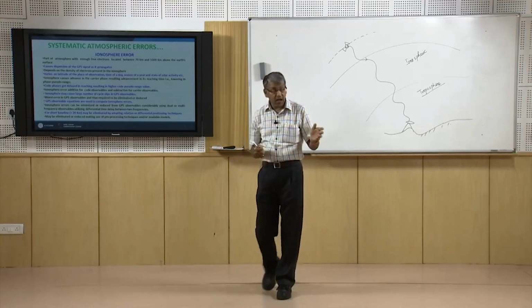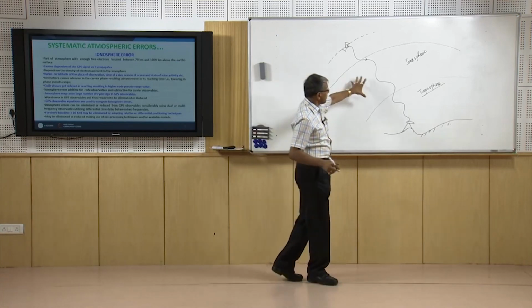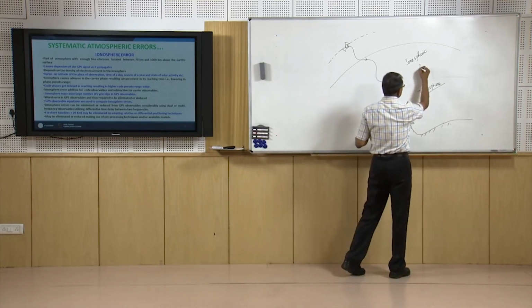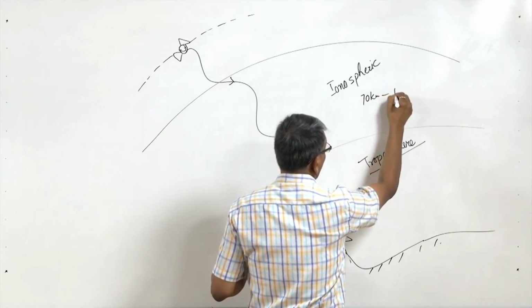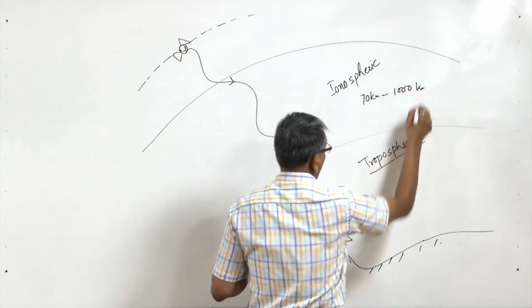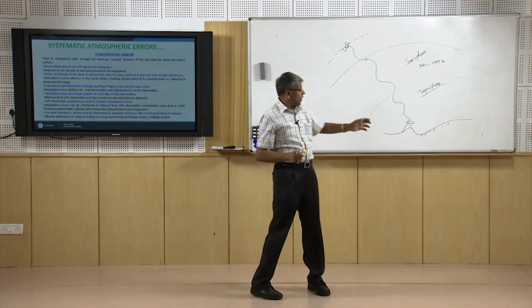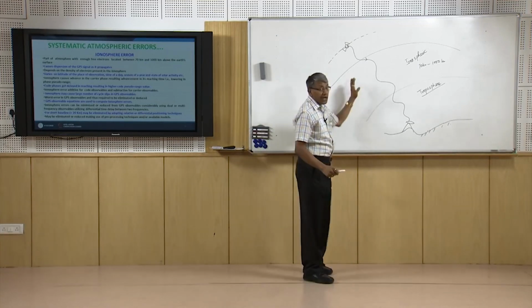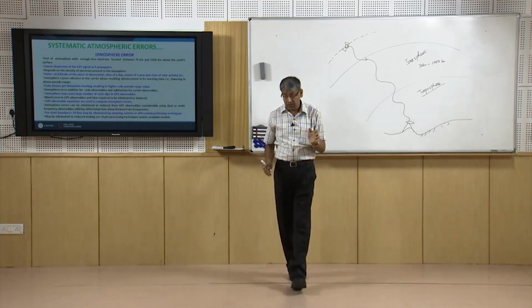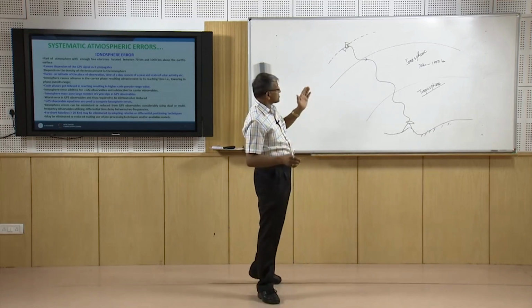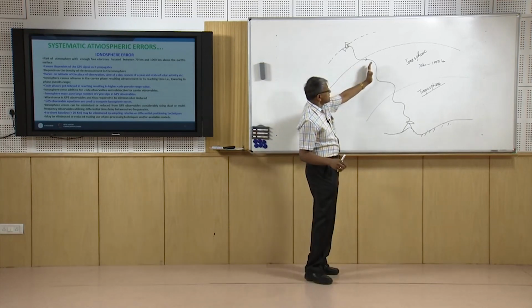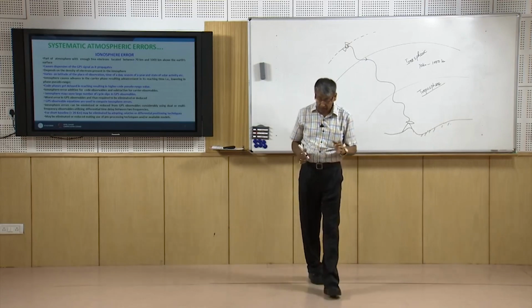It is a layer of atmosphere varying from 70 kilometers to 1000 kilometers from the surface of the earth, having a significant amount of electrons which cause dispersion in the propagation of the GPS signal.